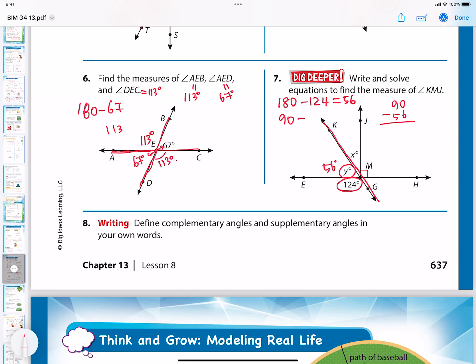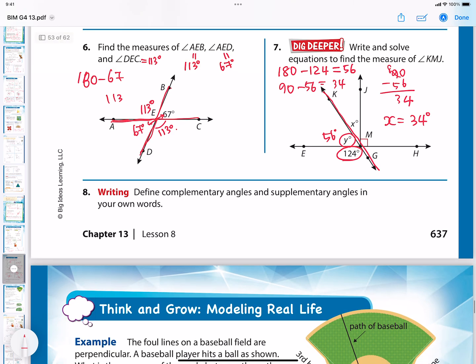So 90 minus 56 is 34. So x is 34, so x equals 34 degrees. So use your brain to find out. Math is figurable.